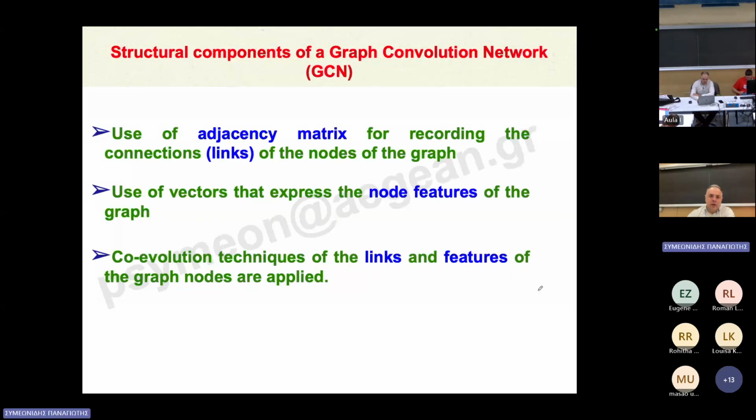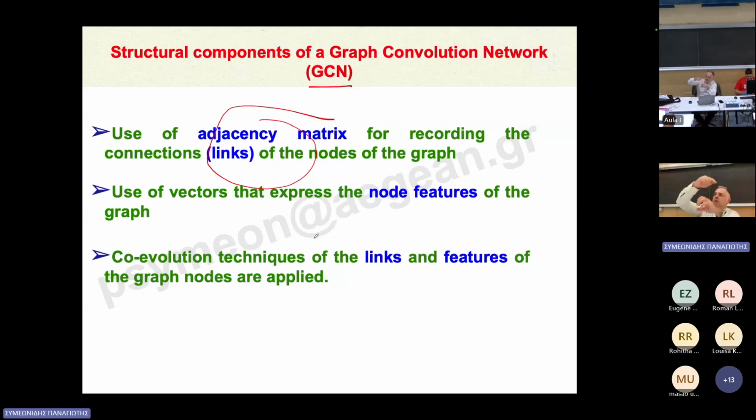But here we also have graph convolution networks. In order to run a graph convolution network, we again need an adjacency matrix, and we also have to keep in mind that the nodes of a graph keep some features. We should always keep in mind that nodes have some node features like name, title, role, everything.